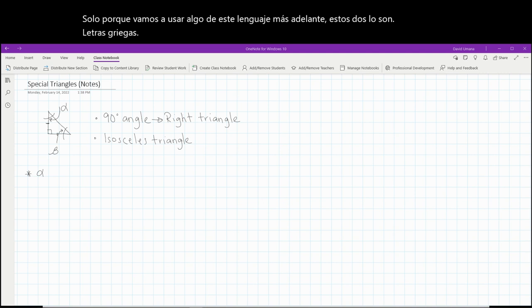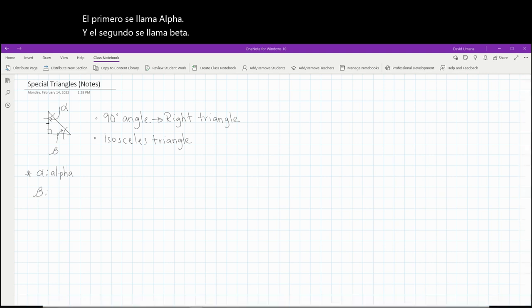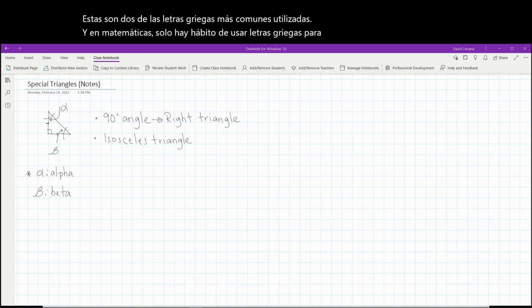The first one is called alpha, and the second one is called beta. These are two of the most common Greek letters used. And in mathematics, there's this habit of using Greek letters to explain or to determine angles within a shape. Okay.